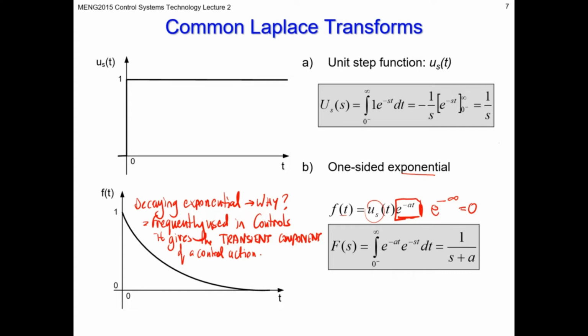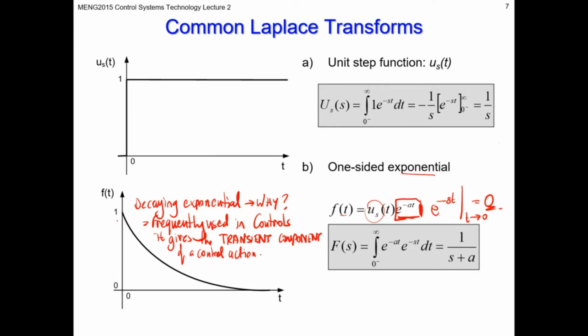So as time goes to infinity, e to the minus st goes to 0. If we evaluate e to the minus st as time goes to infinity, that equals 0, right? And you can see here, this is exactly what happens.